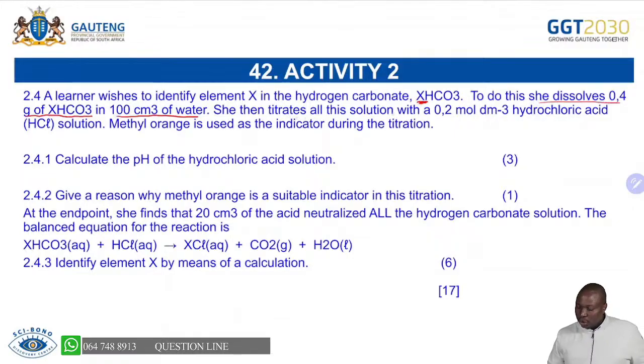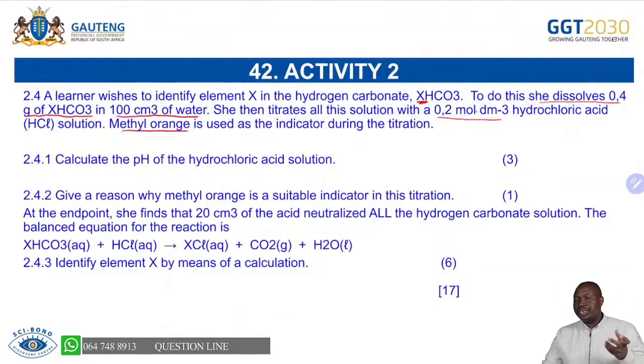She then titrates the solution with 0.2 moles per cubic decimeter hydrochloric acid solution. Methyl orange is used. I know you understand. With methyl orange, you know that this must be a strong acid and a weak base. Remember we said acidic, you will use methyl orange.